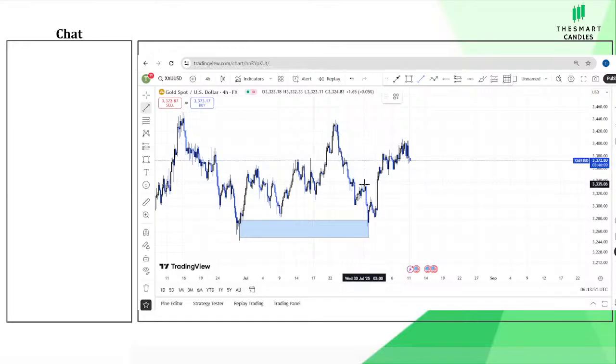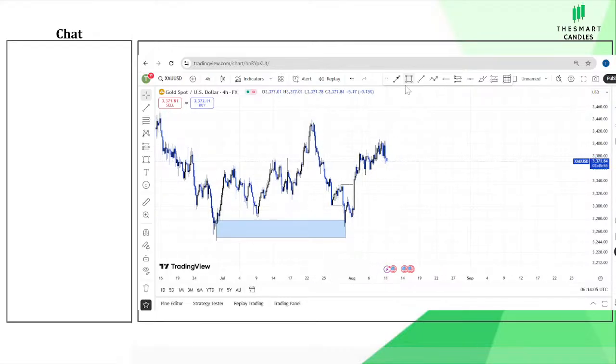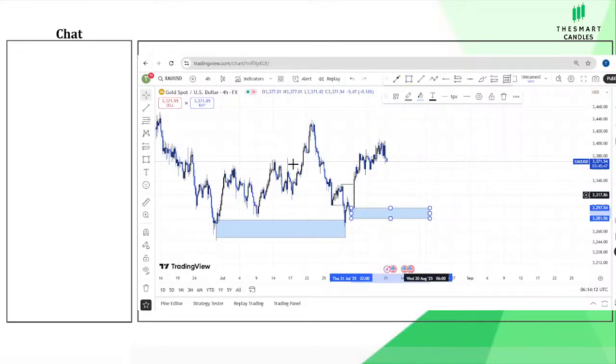There was a change of character at this point. This was the last break of structure we had to the downside on gold. So looking at 4 hours on gold, we are still very much bullish. So this is the next order block we have on 4 hours.